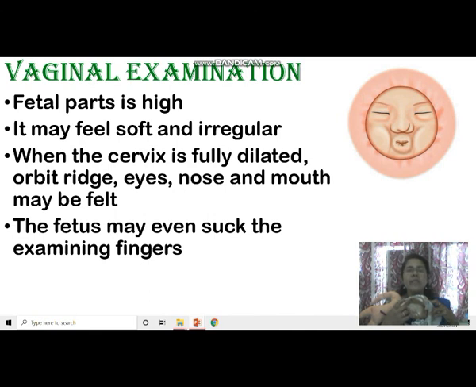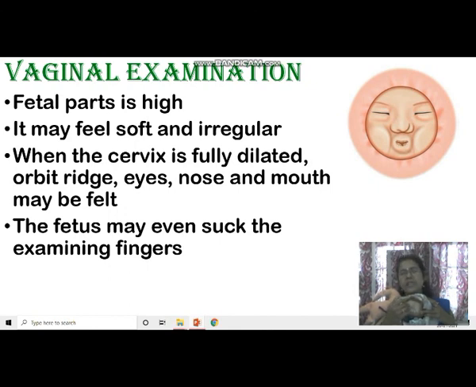The fetal mouth may even get stuck on our fingers when we palpate, because the face is the presenting part. Sometimes we will be confused between breech and face, because when we palpate, an edematous face can feel like a breech.